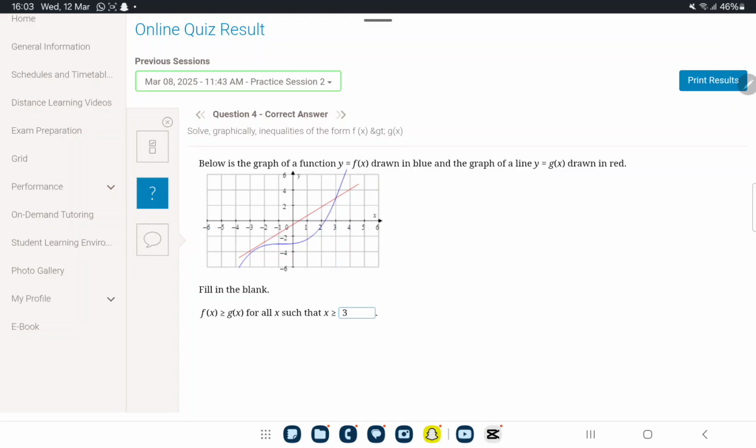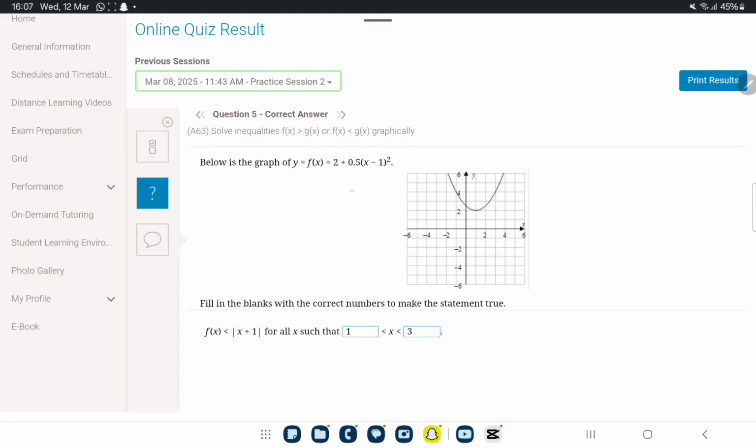Question 4, they're asking for where f of x, which is the blue one, is equal to or greater than g of x, which is the red line. So they intersect at this point, and then f of x, the blue one, becomes greater than the red line, becomes above it at this point. So x is greater than or equal to 3.